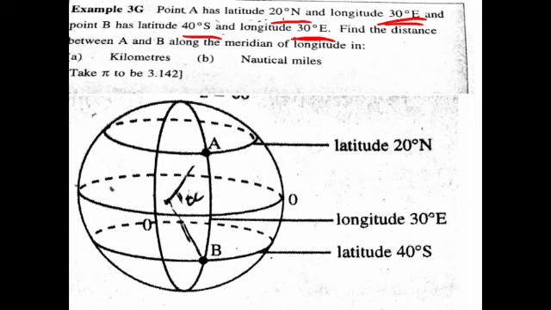What we need to do is understand the angular difference between points A and B before we can begin our calculations. Being able to understand this angle here, that angle there, all right?